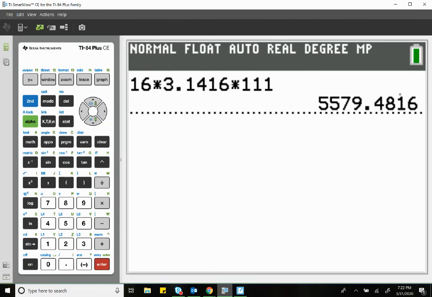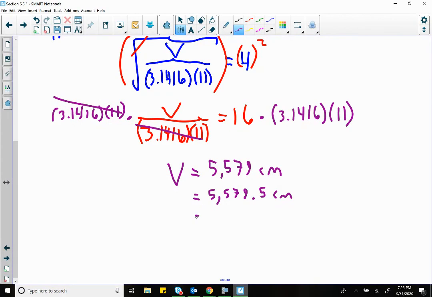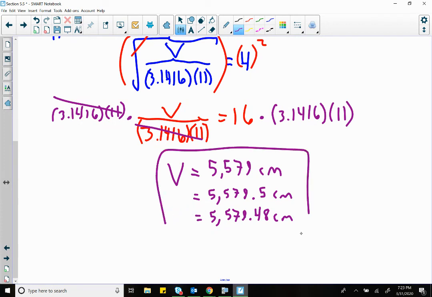If that didn't work, then I round to the nearest hundredth. One of those three answers should work, whether it's whole number, tenth, or hundredth. So the hundredth says, hey 1, stay the way you are. So the last answer I would try, 5,579.48 centimeters. Hopefully it tells you where to round, but if not, those are the answers I'm going to try.